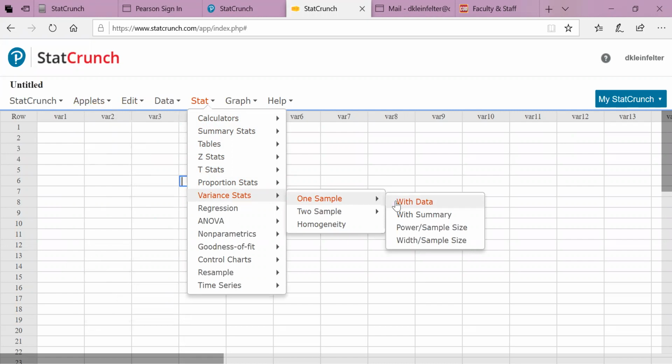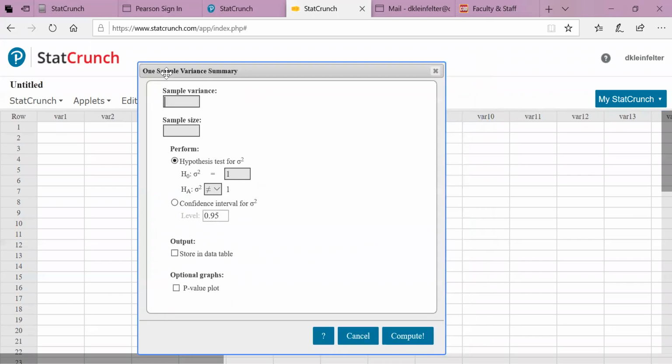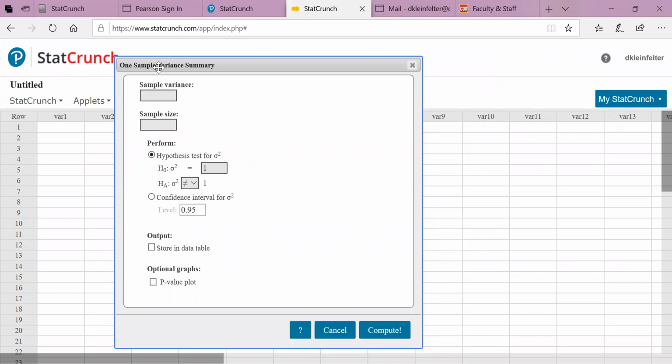If you want, you could put that data into columns of the worksheet here. To save time, and since we already have the standard deviation, we're just going to go with summary. One thing you have to be careful about is that we're trying to find the standard deviation, but StatCrunch is set up to do variance.